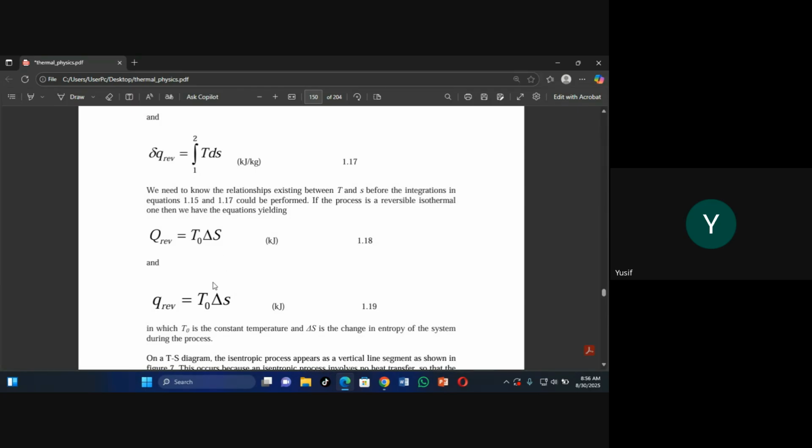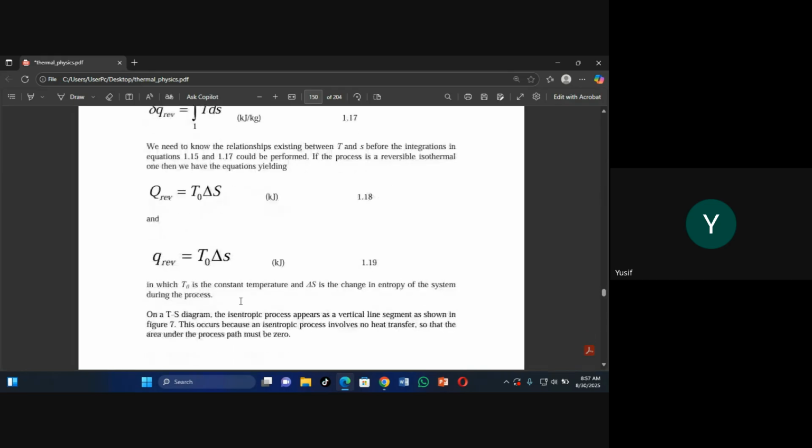Then you are seeing there are no change. It's the same thing that you are having here, just that the entropy here is represented as an extensive property, while this is treated as intensive property. So when we talk about this, we can talk about this in terms of temperature change.